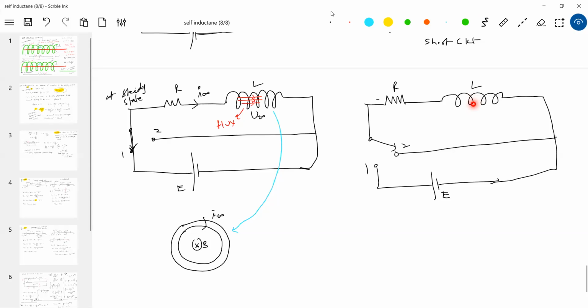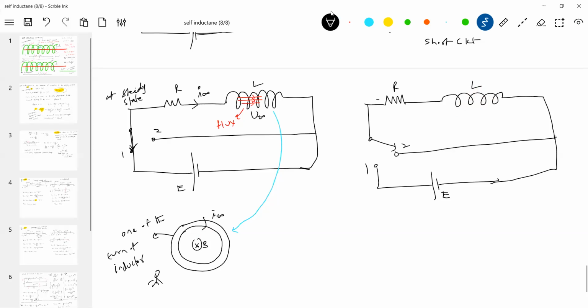Then from Lenz's law, the flux linking the coil, all turns will be varying. I'm showing one of the turns. This is not a ring. One of the turns of the inductor. I come to Lenz's law.